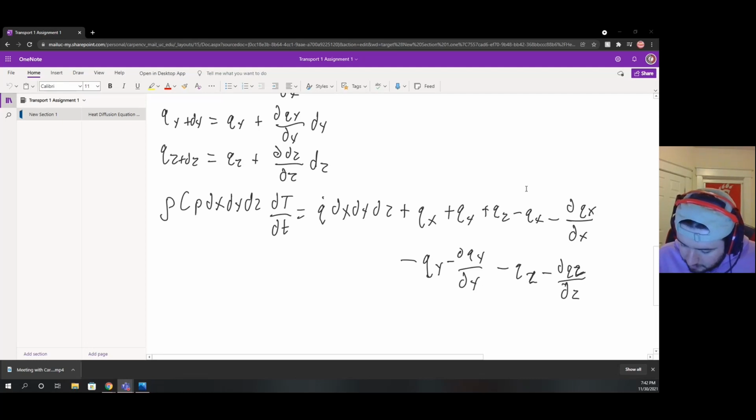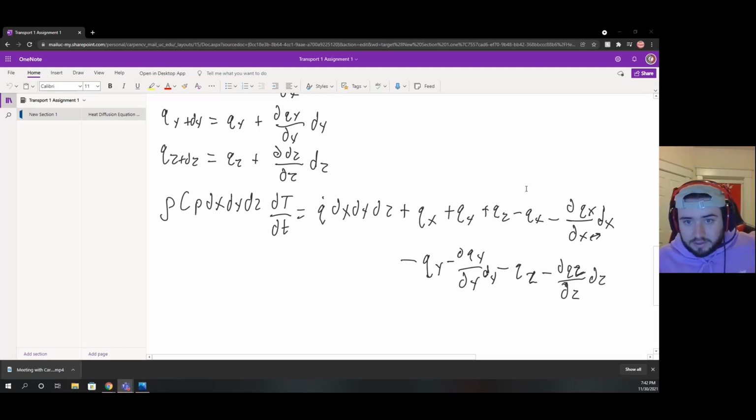Sorry, I missed something. All of these have distance on the end. And keep in mind that these terms here, they cannot cancel because one's a partial differential and one's just a normal differential.